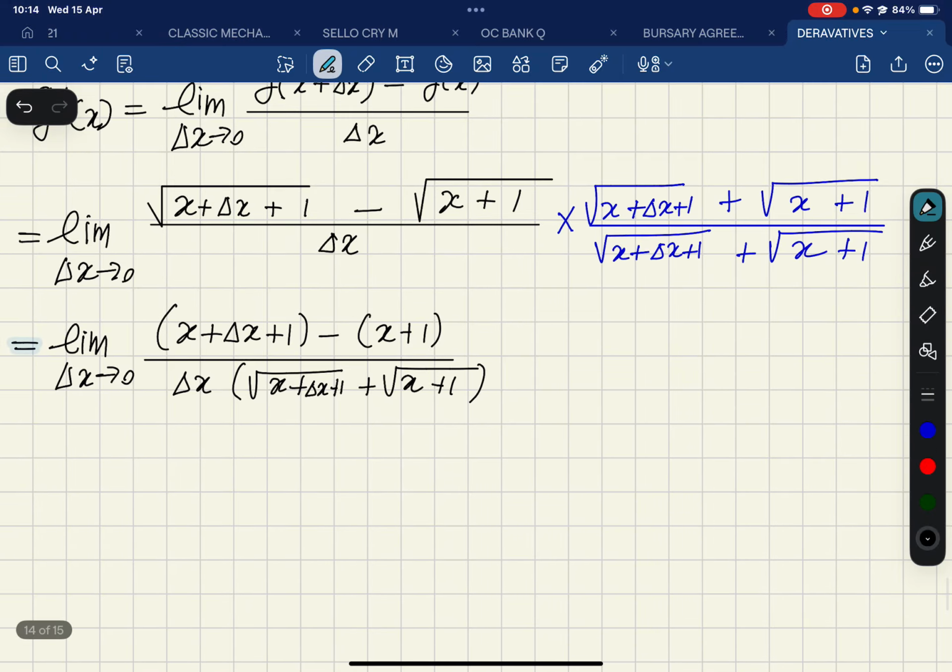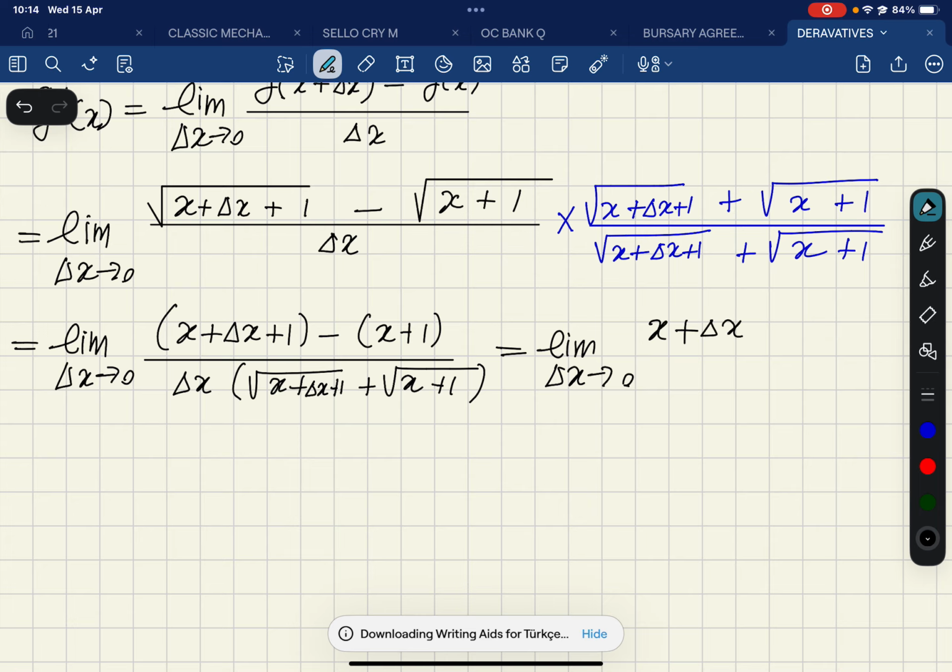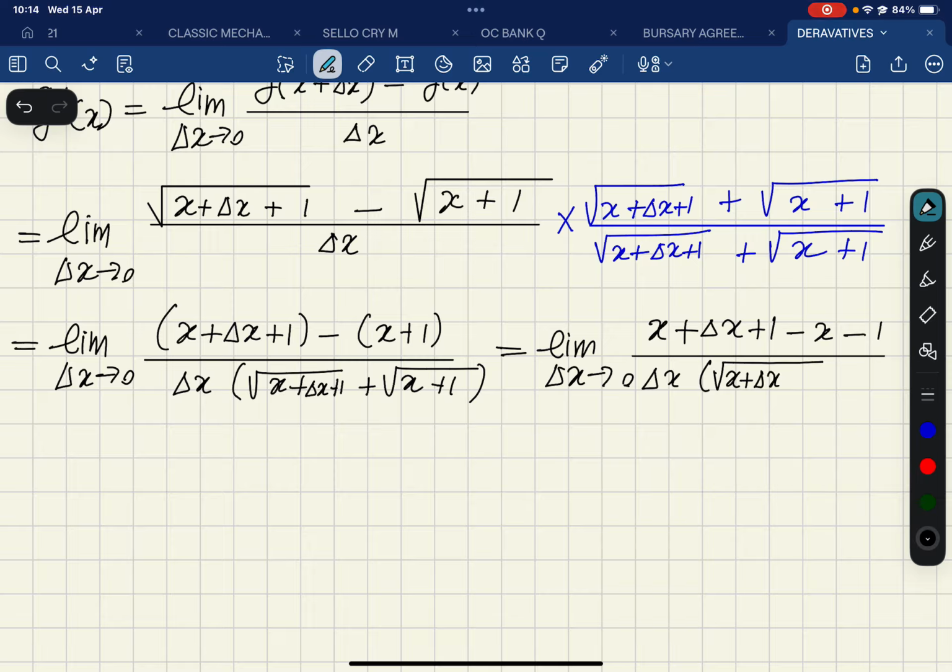So from there I will multiply the bracket, which is the limit as change in x approaches 0, which means I will have x plus change in x plus 1 minus x minus 1, divided by change in x times the square root of x plus change in x plus 1 plus the square root of x plus 1.